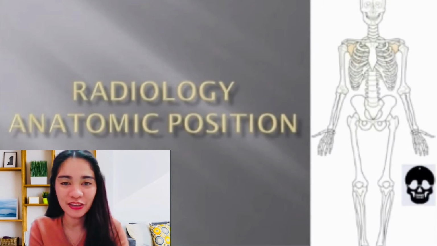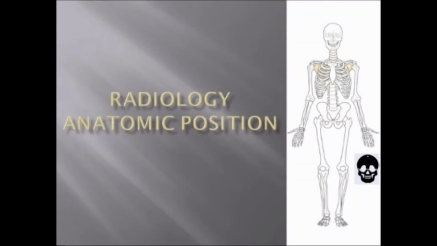Welcome to my presentation. Our topic is all about Radiologic Anatomic Position. Radiologic anatomic position refers to the patient standing erect with the face and eyes directed forward, arms extended by the sides with the palms of the hands facing forward, heels together and toes pointing anteriorly.